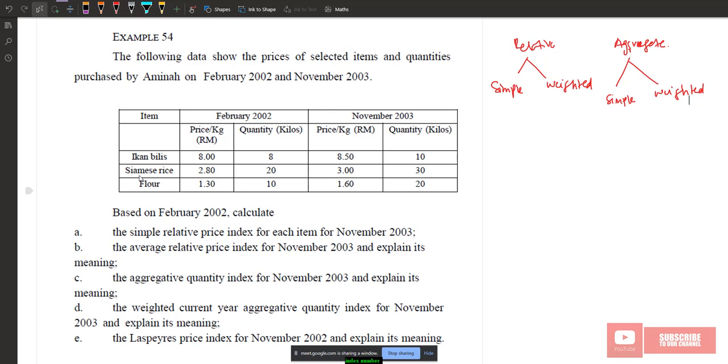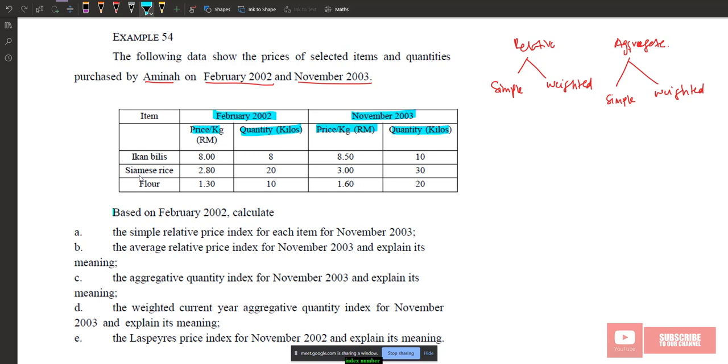The following data shows the price of selected items and the quantity purchased by Amina in February 2002 and November 2003. So we have two years, February 2002 and November 2003. This is the price and quantity in kilos for the base period, and the price and quantity in kilos for the current year.